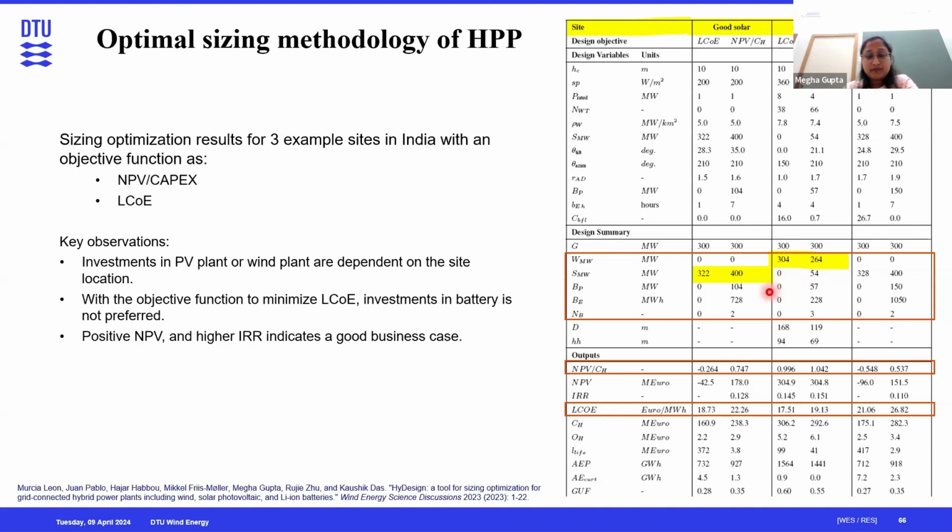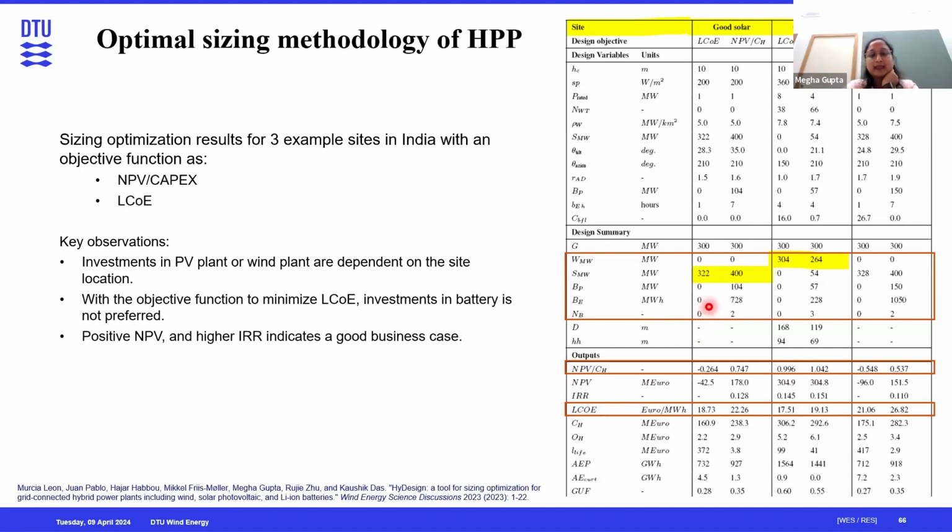Another thing is that if we look at the objective function differences, if the objective function is minimization of levelized cost of electricity, it will try to minimize our investments as much as possible. Because of that, it is not preferred to invest more in batteries.